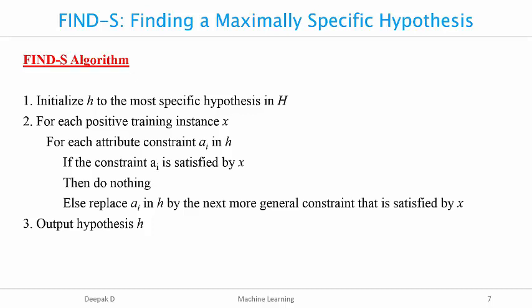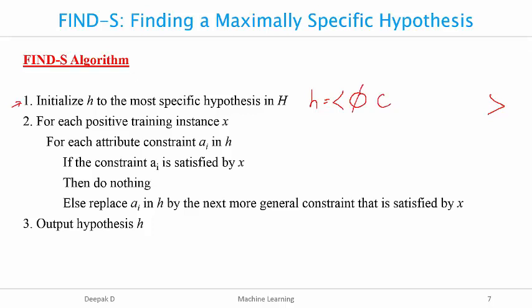Here we have 3 steps in the Find-S algorithm. The first step is to initialize a hypothesis to the most specific hypothesis. How do you represent the most specific hypothesis? By placing the null constraint in each attribute value.